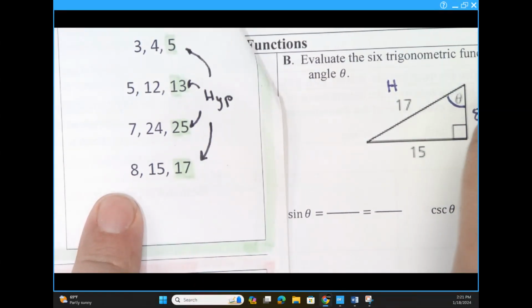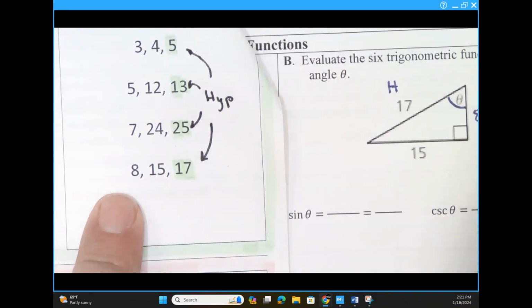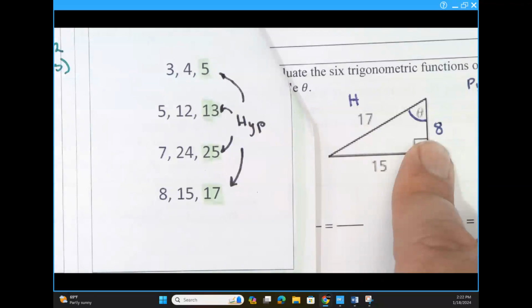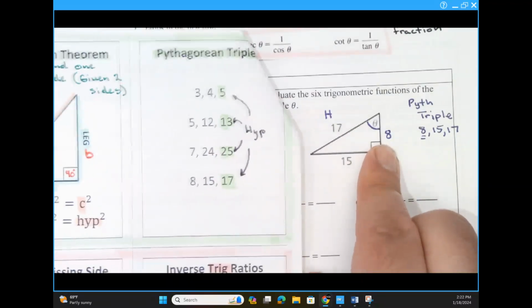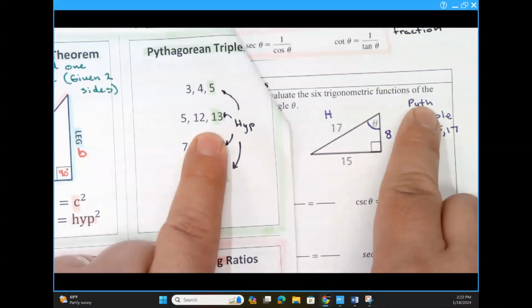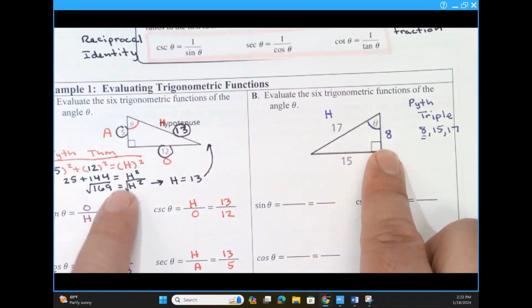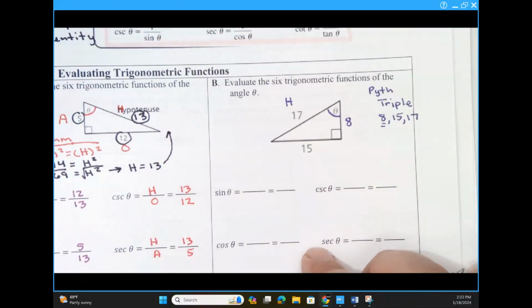Again, please look at this list, use your word wall, because when you have a Pythagorean triple like this one, which was 8, 15, 17, that has to be the height, and it is, that's how we get that number 8. And we end up saving a lot of time for a problem like this. We save a lot of time when we can find a triple that works. Now, if it doesn't work, well, then that's when you do this whole Pythagorean theorem thing. When it doesn't work, that's when we go old school.